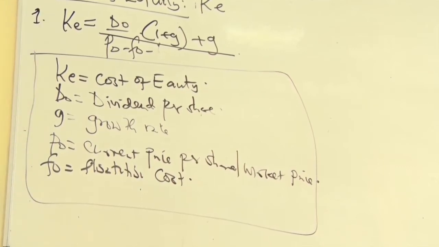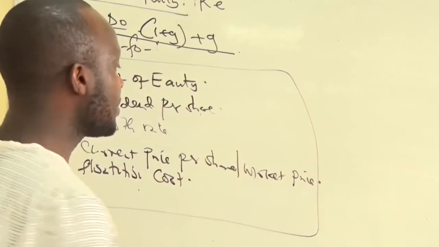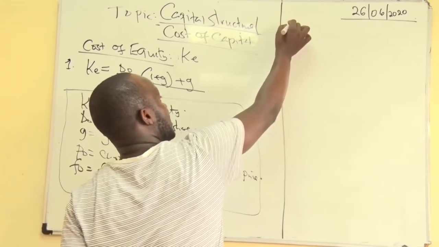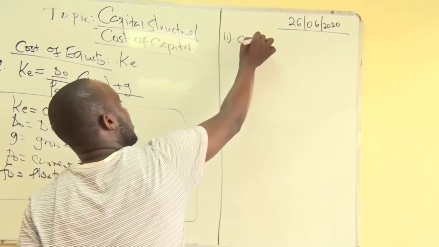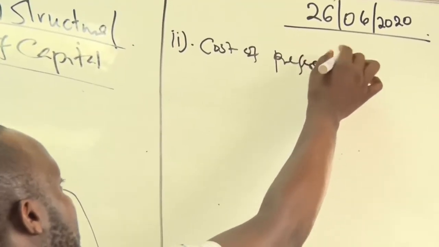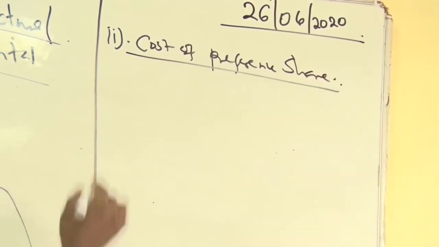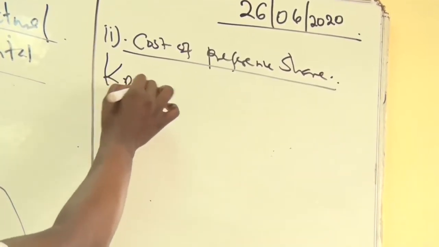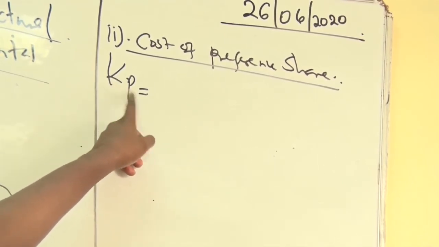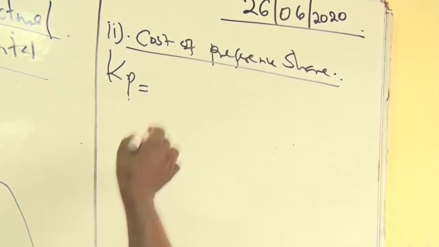Number 2, our next formula is the cost of preference share. The abbreviation here is KP, P standing for preference share. How do you get the cost of preference share?